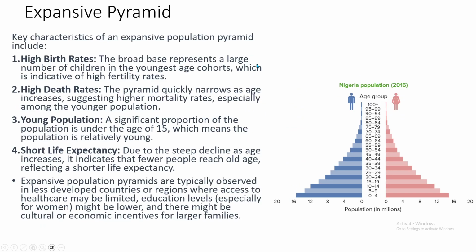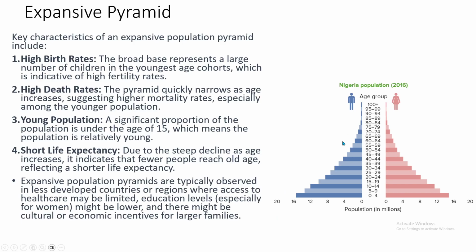So looking at our pyramids, the first pyramid we can see is our expansive pyramid. This is one where it just looks like a typical pyramid. It's the one we see a lot throughout the world for most developing nations. How can we tell a nation is developing, meaning they're not developed, like a third world country, based on this pyramid here?